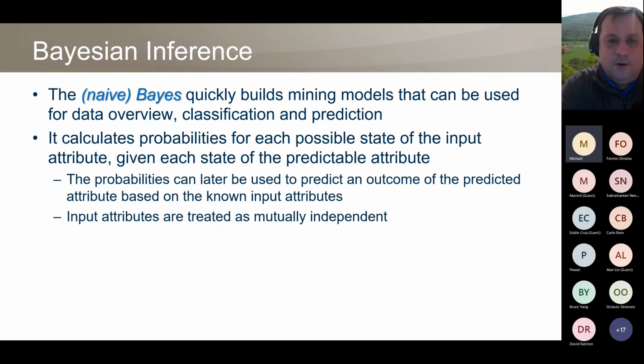So officially, Bayesian inference calculates probabilities for each possible state of the input attribute given each state of the predictable attribute. And then these are used for predictions. So what we are doing is the opposite thing as with decision trees or the lookalike model.